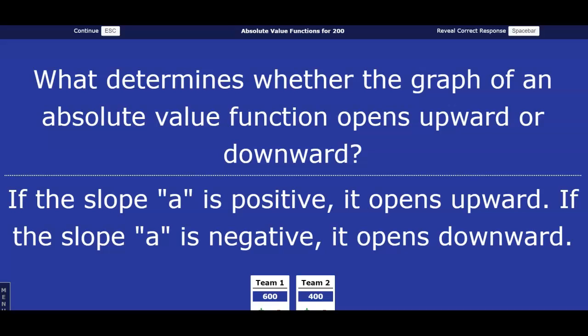So remember, guys, standard form of these types of equations is y equals a absolute value x minus h plus k. That's the standard form of an absolute value. This a value out in front is what determines if it opens up or down.